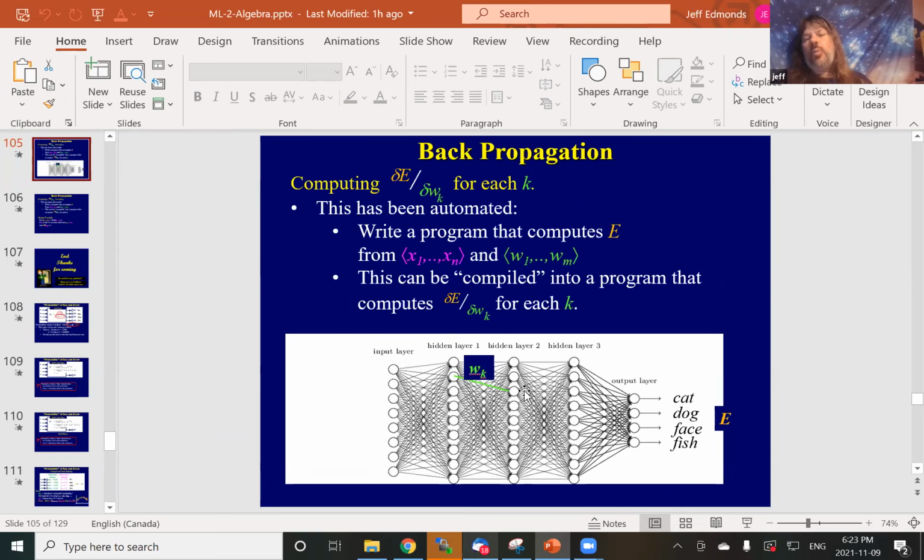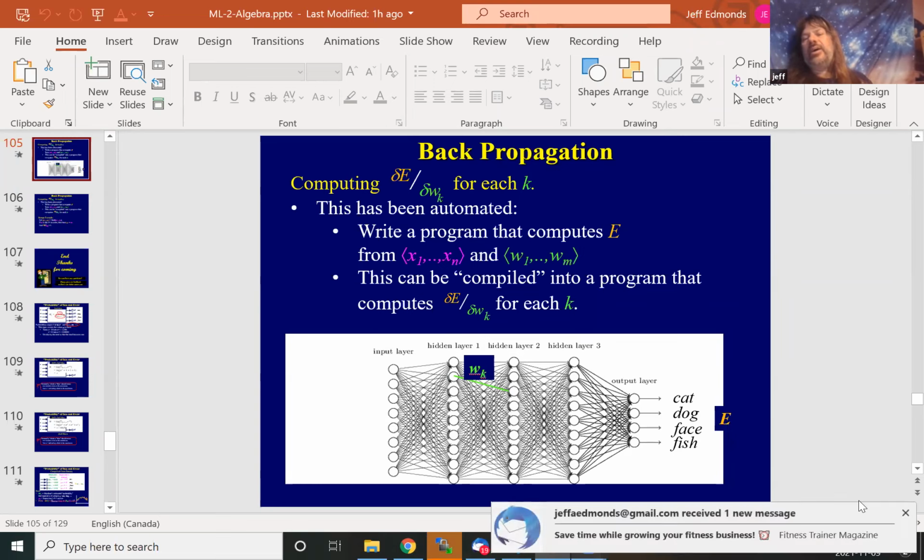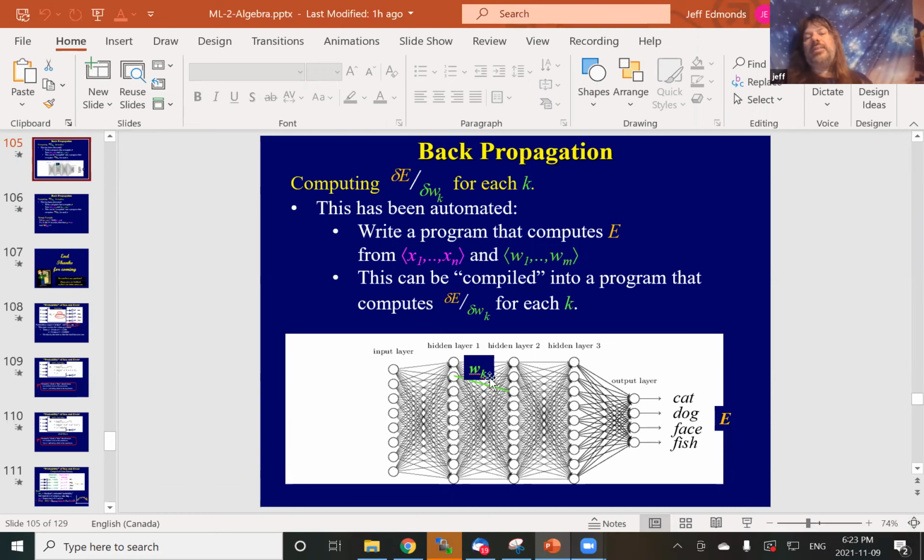And then for each weight, we change that one weight by a little bit. We keep everybody else exactly the same, and we see how the error changes, right? And then we take the change in error divided by the change in weight. So that's conceptually what we are doing.